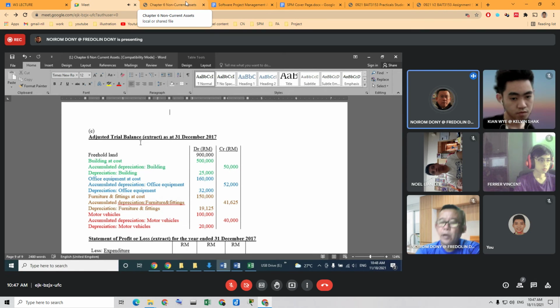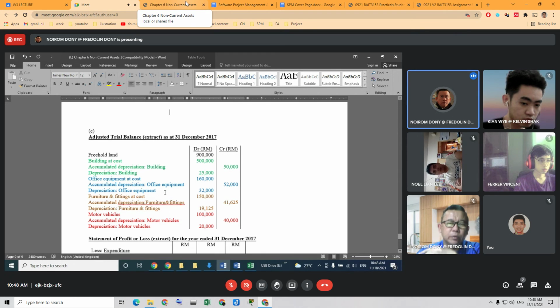So trial balance, remember, is a listing. Expenses also we list down here. Liability, asset, everything will be listed here. Assets, of course, are all on the debit side. Accumulated depreciation will be on the credit side, but depreciation is an expense, so you put it into the debit side.